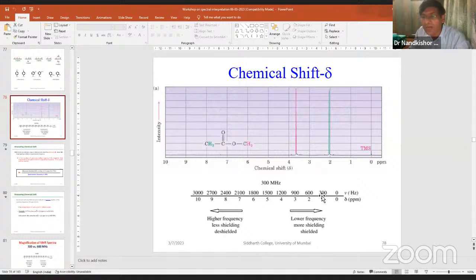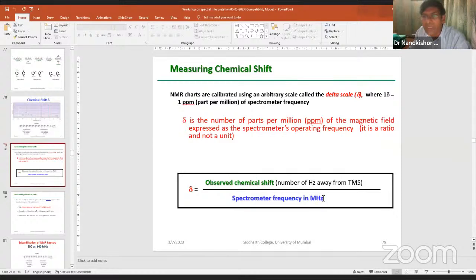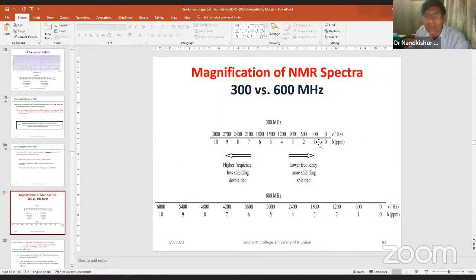If it is 400, obviously 400 upon 400 will be 1. So apart from the instrumental frequency, the delta will be a constant value throughout. So let's see another example. Now, what exactly is the use?